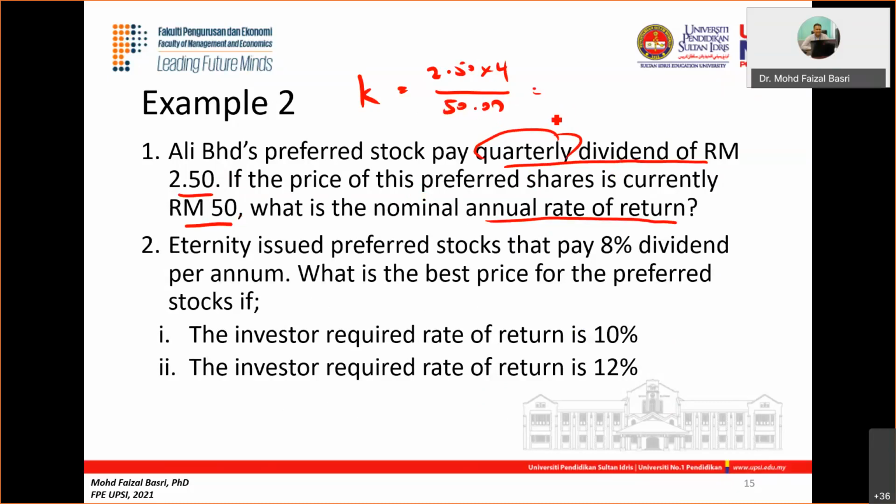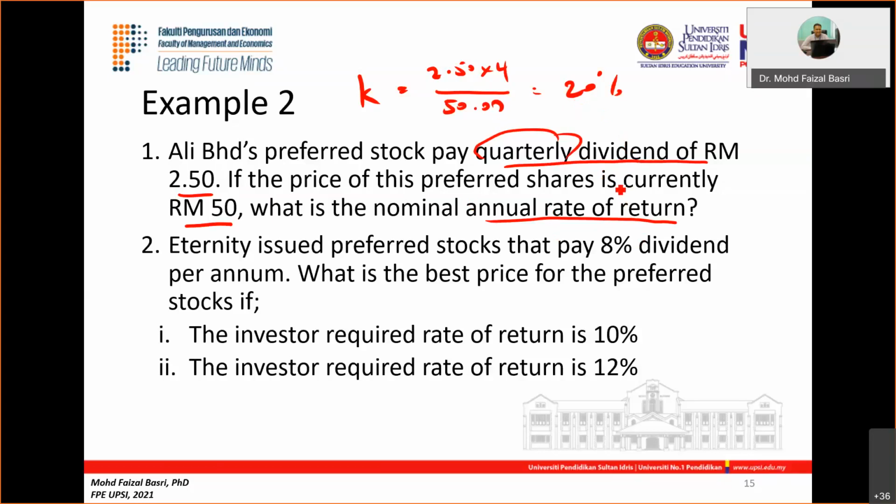So 10 ringgit dividend by 50. So here we're going to have a 20% required rate of return. Okay, so the K is 20%. So this is how we try to solve the required rate of returns for preferred stocks.